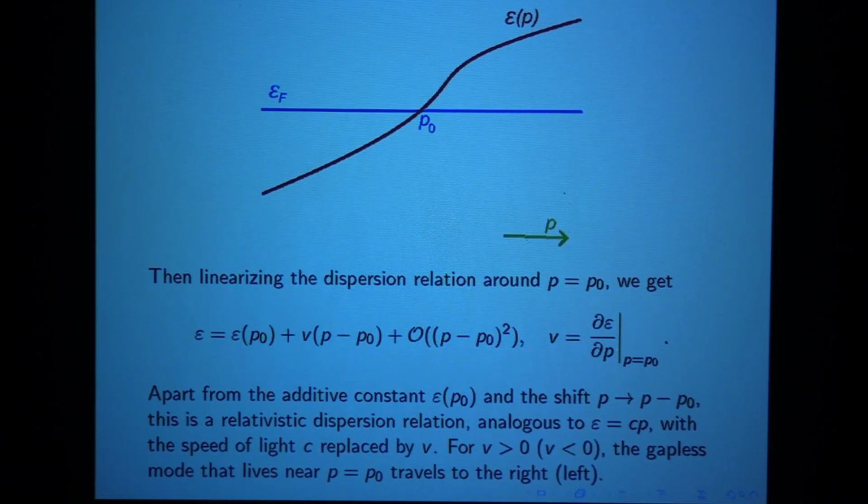So, v could have either sign. I've drawn the case where d epsilon dp is positive, but the sign of v determines whether the gapless mode that lives near p0 travels to the right or to the left.